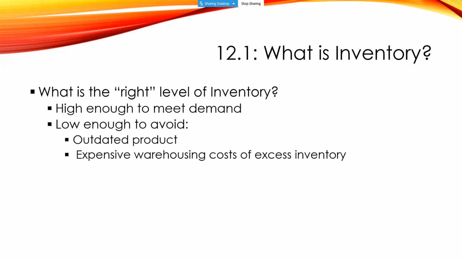Or you don't want to have so much goods inventory that you have to have a ton of warehouses just to be able to store it. So coming up with that balance is key. And some of the tools that are mentioned in this chapter can help to do that.